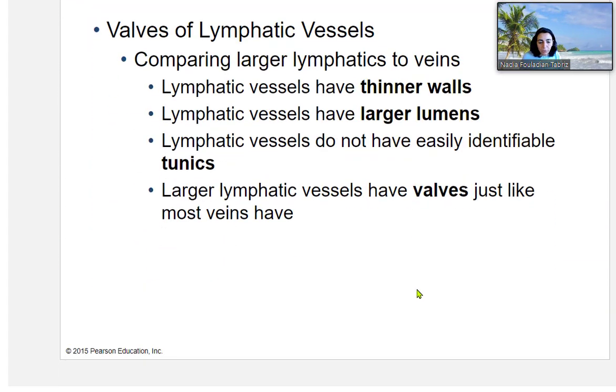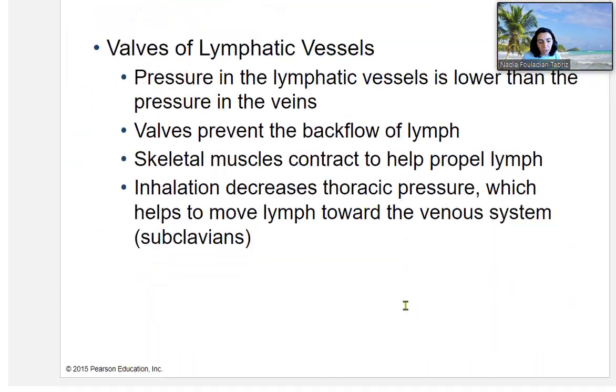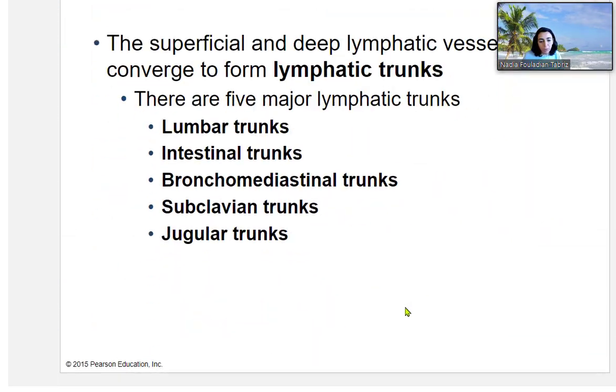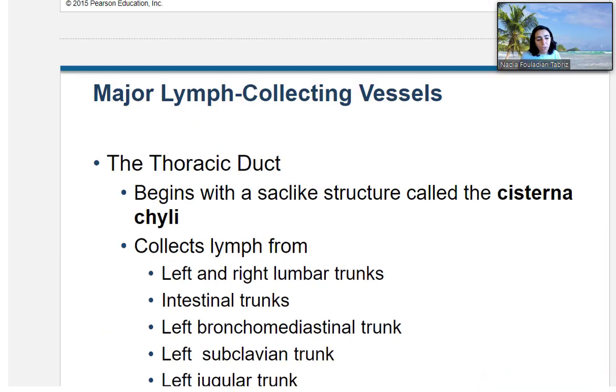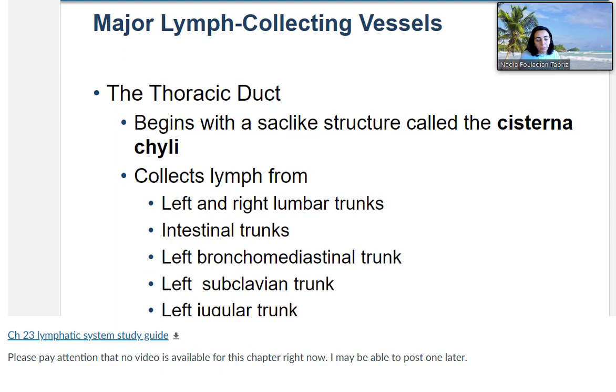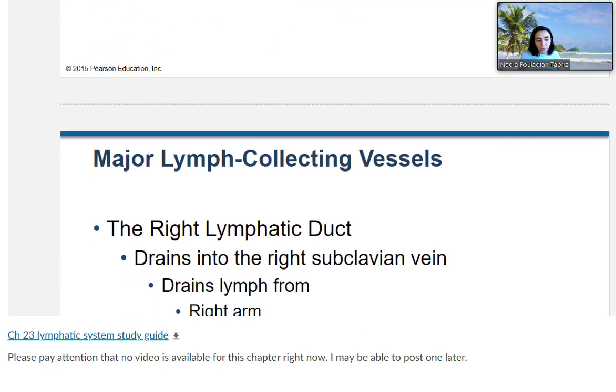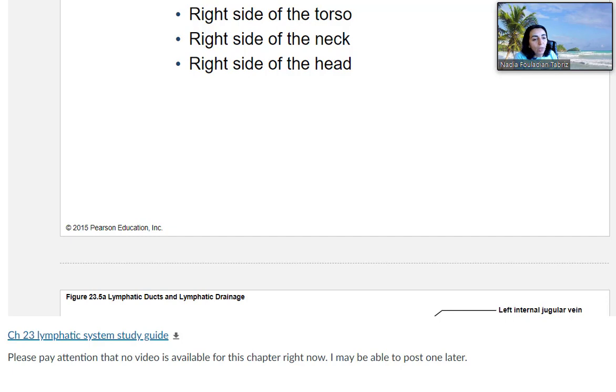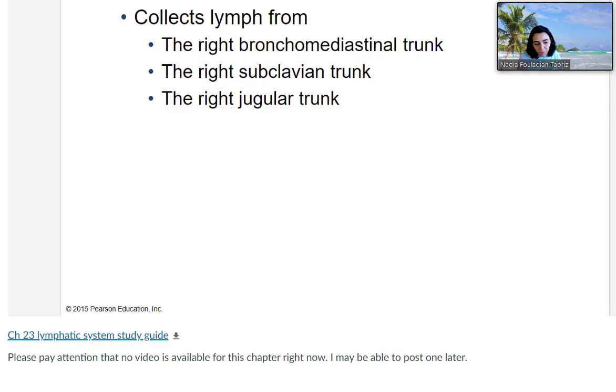So these are just some pictures to help you understand the material better, but make sure that you see this, the picture of the lymphatic vessels with their valve. So that was also almost, I explained everything, so you don't need any separate video as you have here. Any question?